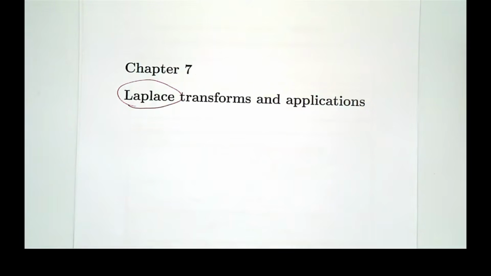We started this yesterday. I showed you how to compute a few transforms, but let me show you the slightly bigger picture here.